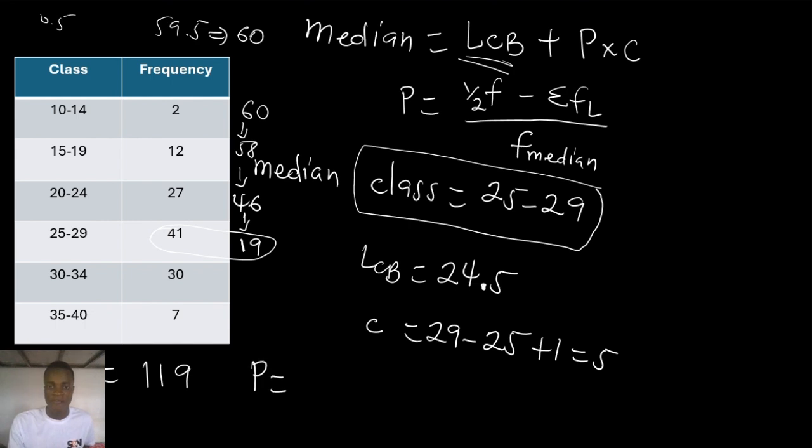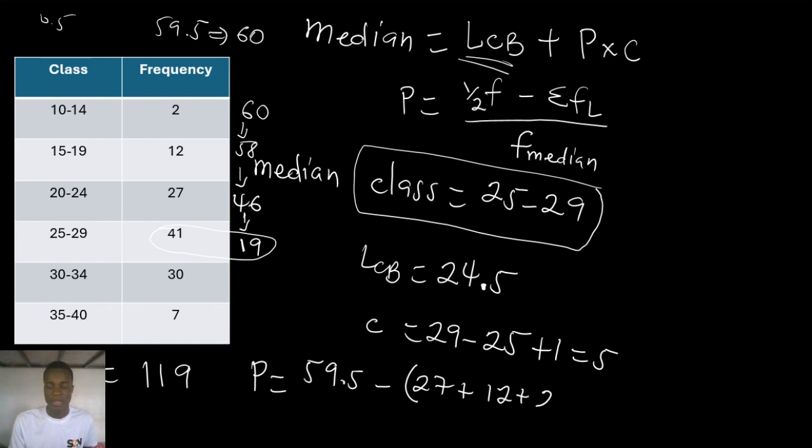The P is half of the total frequency, which we got as 59.5, minus the sum of the frequencies of all the lower classes. The lower classes are going to be these: 27 plus 12 plus 2.